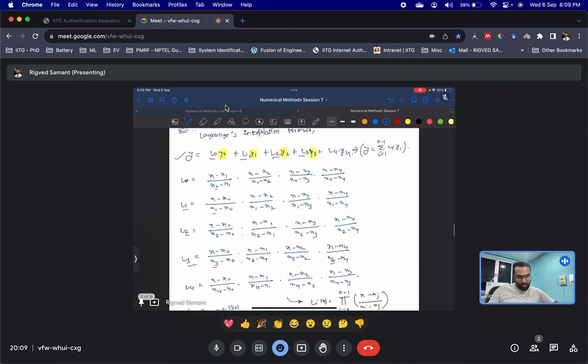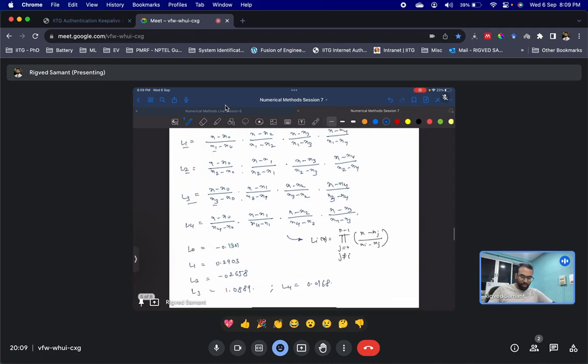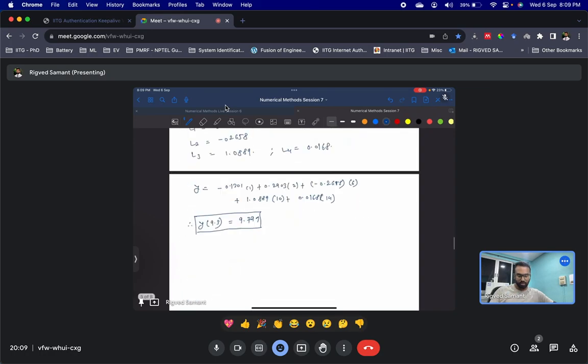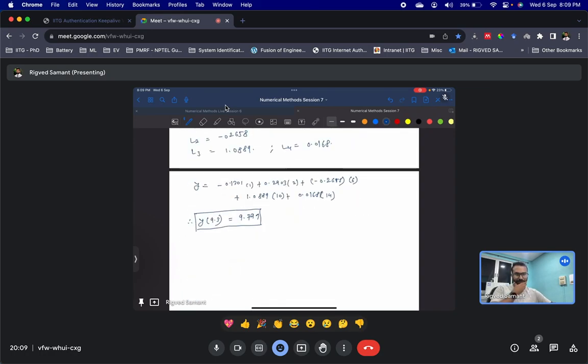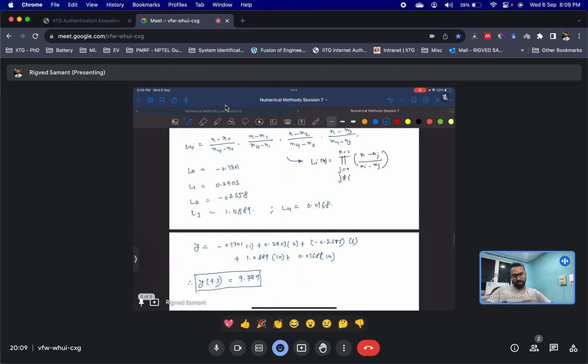The x value you are calculating for, you substitute here, get down to L0, L1, L2, L3, L4, and then put these values into the Lagrange interpolation summation formula, and you will get the value. So this is one way of doing Lagrange interpolation, where the data is changing continuously.